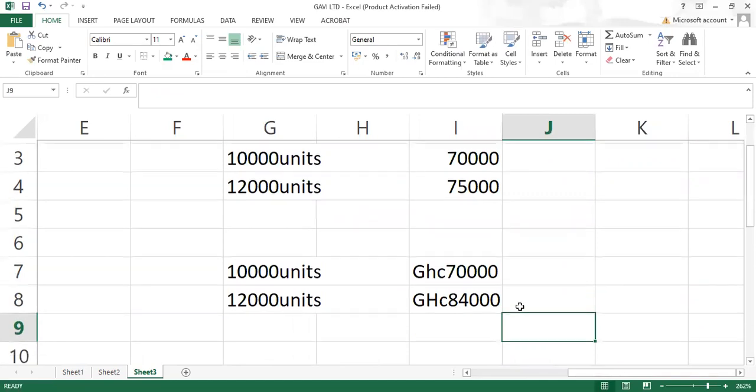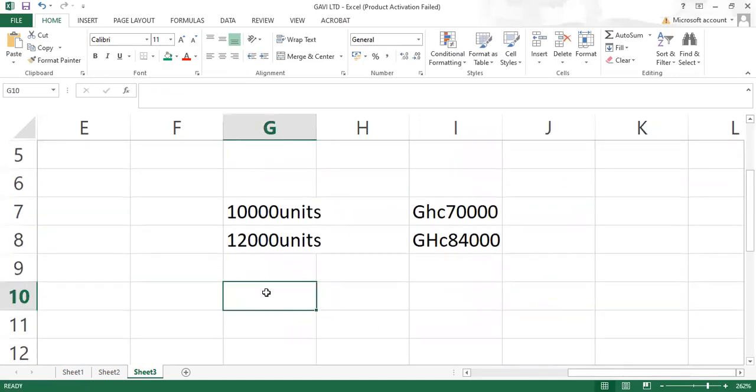Another way of doing this is to divide the actual units over the units that you wanted to produce, then multiply it by the amount that you budgeted for. So this divided by this, all times 70,000.